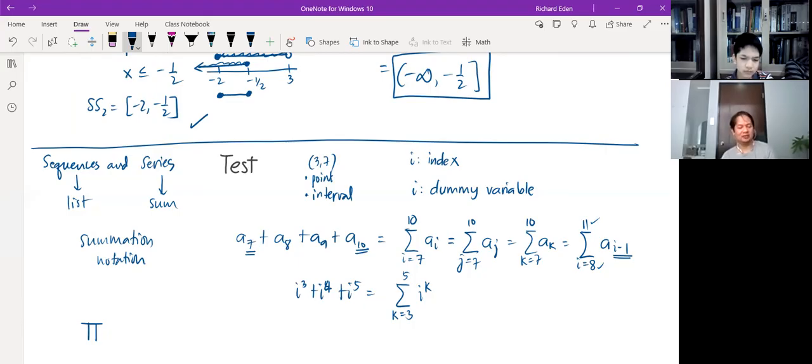Because if you're going to invent notation and you want it to be used by a lot of people, then it had better be notation that's going to be used frequently. So in fact, if you look at some calculus books, this notation is sometimes found only in the appendix or in additional exercises. Because while we are familiar with this notation, it's not used as often as the summation notation.